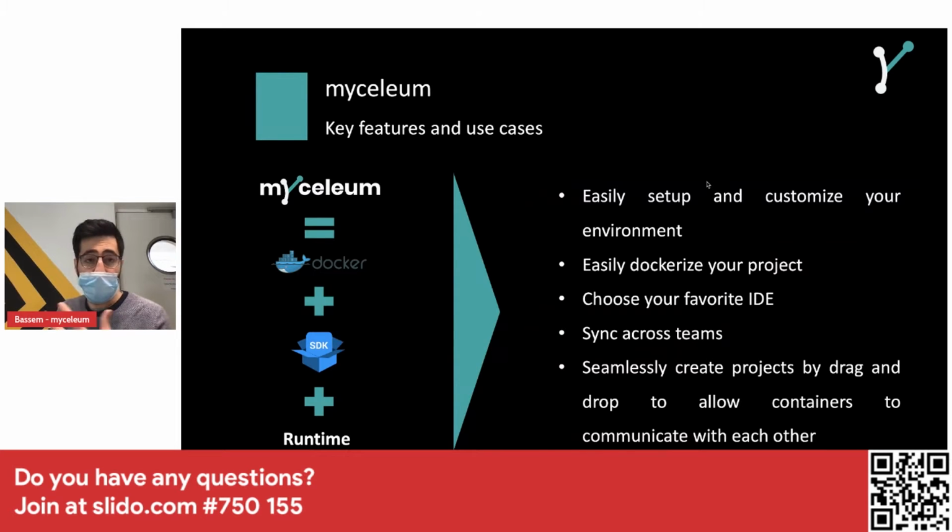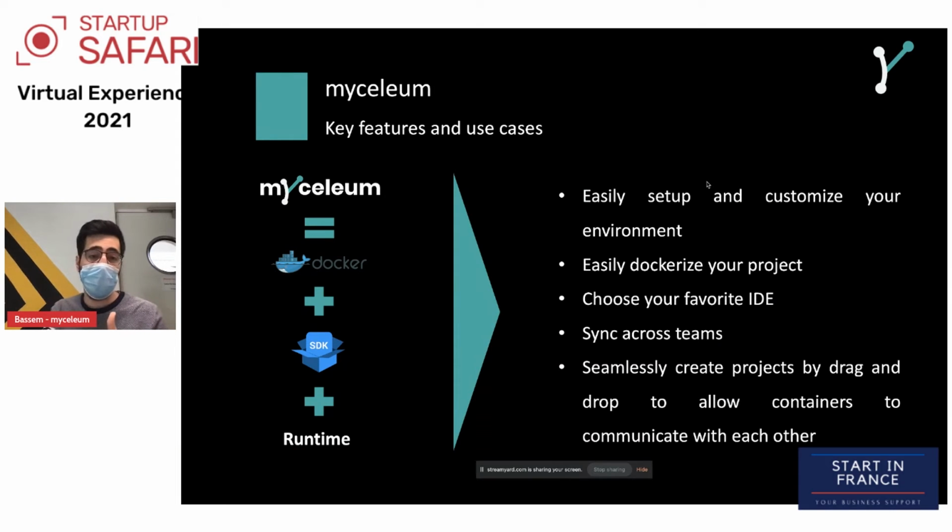So we're going to see in a demo the way to use it is that you can choose your environment. It's already Dockerized. We integrate with your favorite IDE. We allow you to start in less than 10 minutes. You sync your environment across teams, and then your project will be very much ready to push to production.